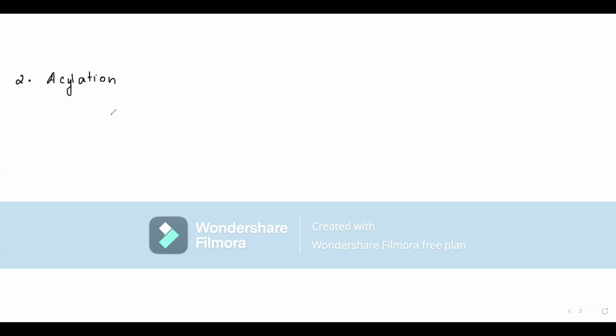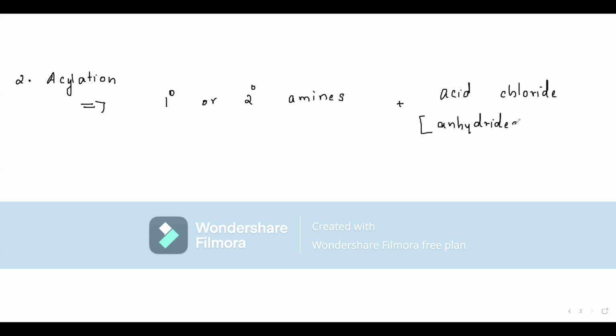So under acylation, what we are doing now is primary or secondary amines are treated with acid chloride. Actually, though we will be discussing only about acid chloride, you can take anhydrides or esters also in the place of acid chloride.